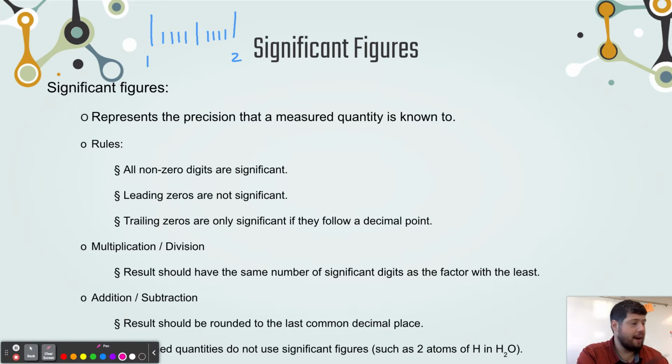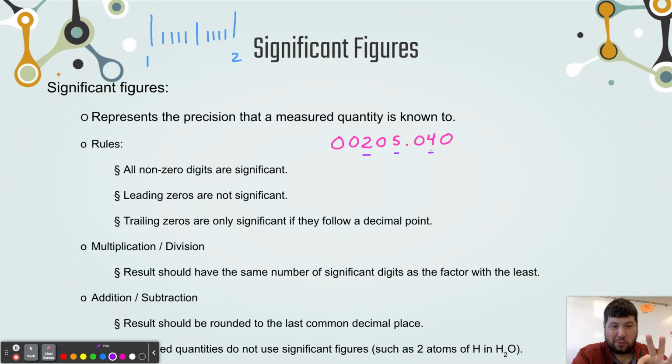If you're taking a look at a number, let's say it's 0.00205040. Let's figure out how many significant figures are in this. We can apply some easy rules. The first rule is that all non-zero digits are significant. So if you're figuring out which of these digits are significant, well, the 2, the 5, and the 4 definitely are because they are non-zero digits.